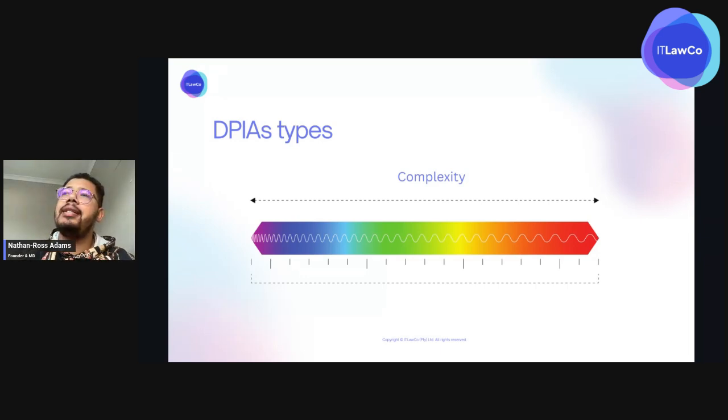A DPIA is like a picture. Visualize this as an entire gallery of pictures of what has actually taken place. And really, the complexity of the DPIA varies depending on the nature of the project involved, for example.